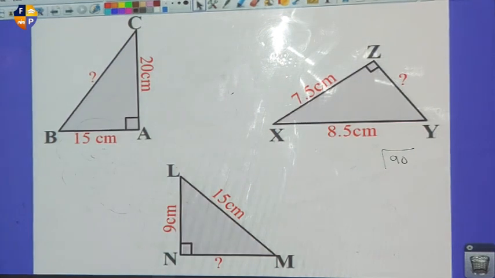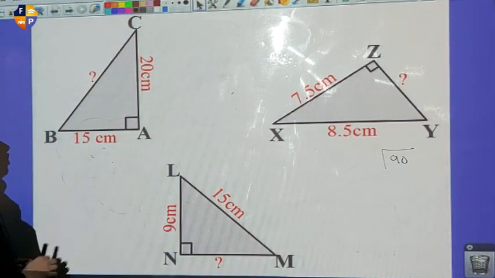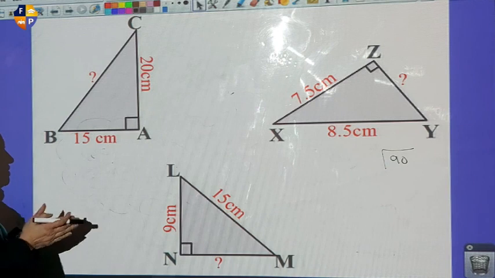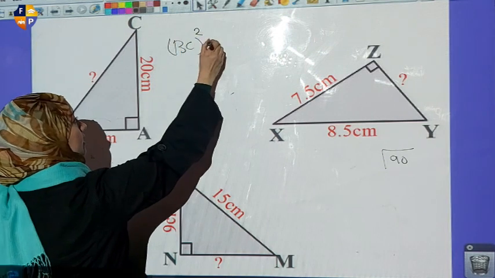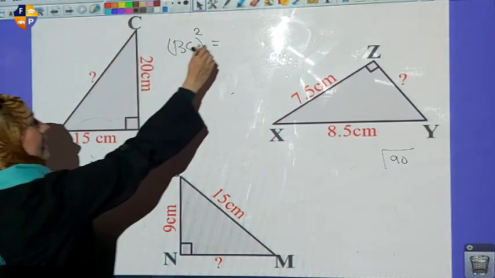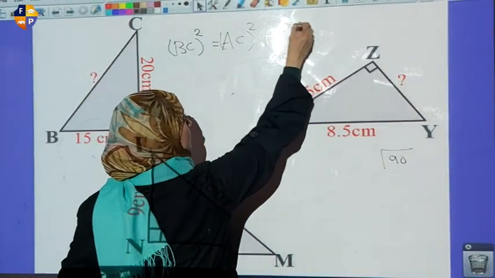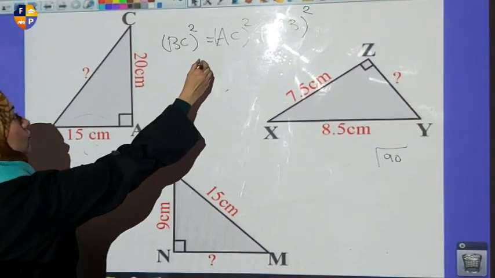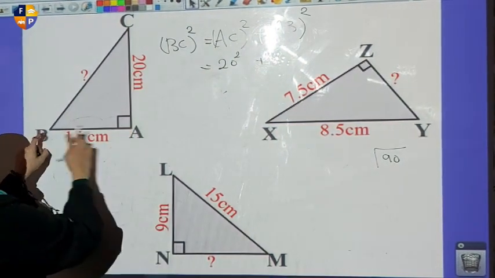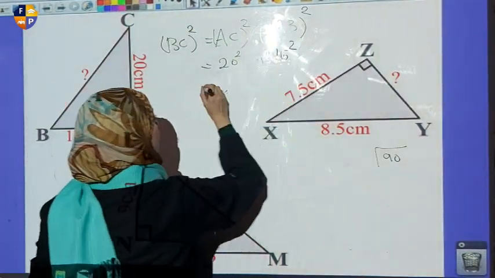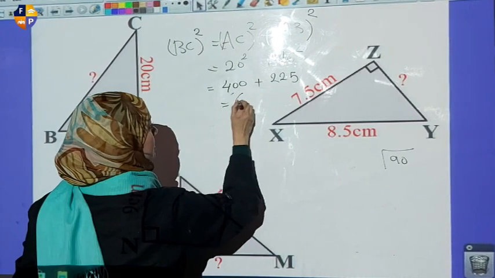Let's answer some exercises on this point. Here I want to get the length of BC. I will use the Pythagoras theorem. Here BC square equals AC square plus AB square, equals 20 to the power 2 plus 15 square, equals 400 plus 225, equals 625.